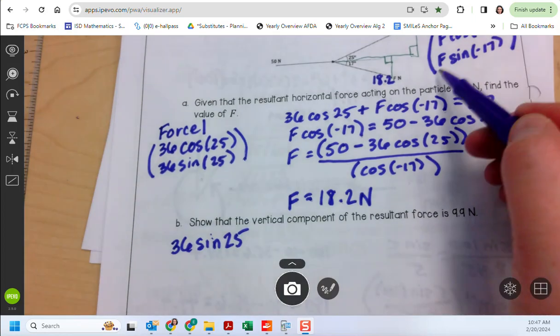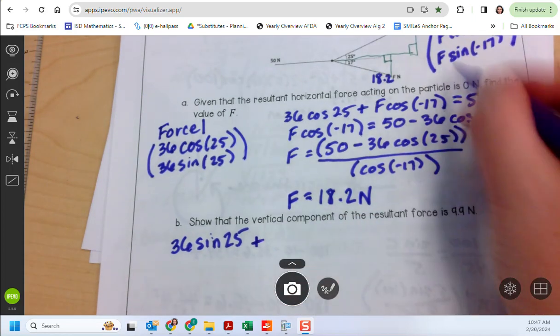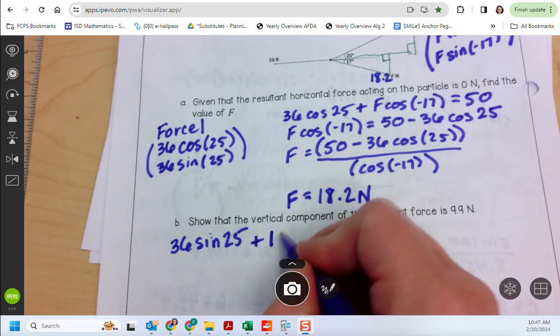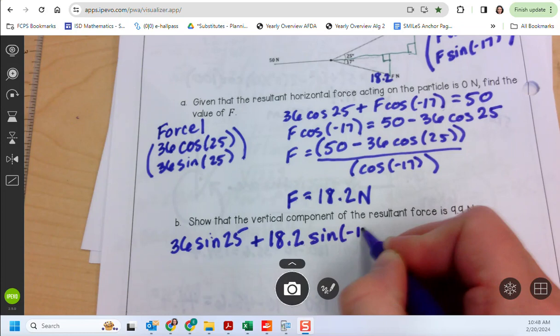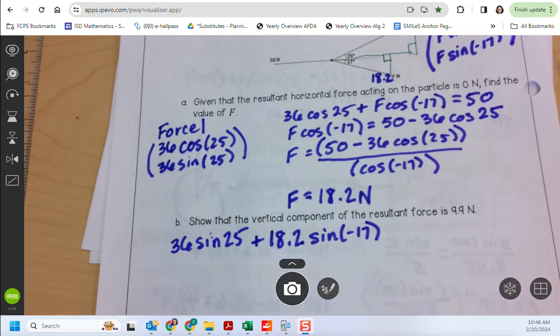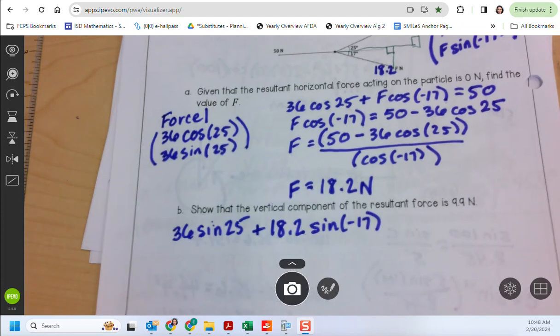And then for this one, instead of F, I'm going to put in 18.2, sine of negative 17. Okay, and when you add them up, you should get approximately 9.9. So double check that, make sure you get that.